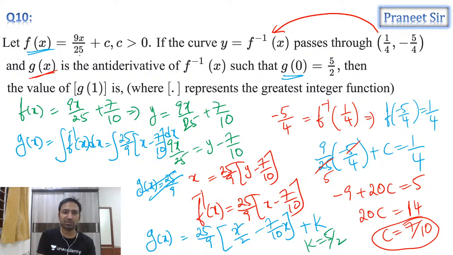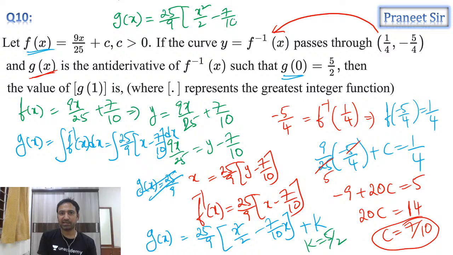If I take k equal to 5 by 2, I am able to calculate g of x. Finally, g of x is 25 by 9 into x square by 2 minus 7 by 10 into x plus 5 by 2. But from this, can I calculate g of 1, guys?